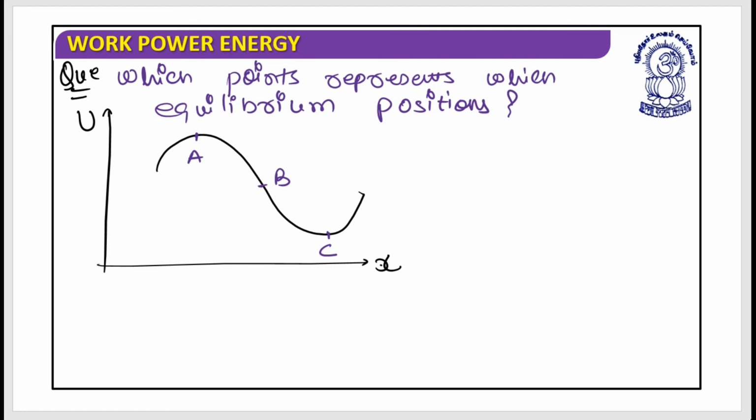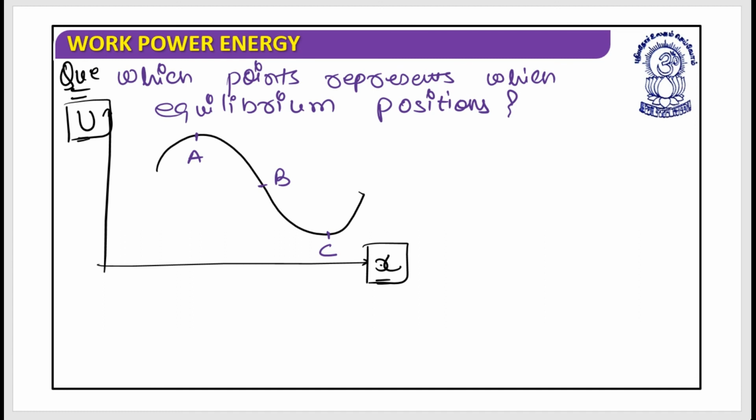What you need to understand is, when an equilibrium question is there, check the graph labels. You need to check the axes of the graph. This graph is of u versus x, which is potential energy versus displacement.